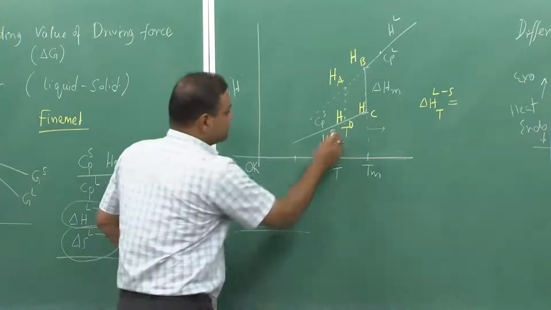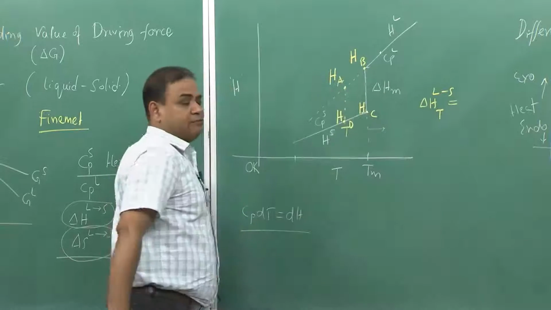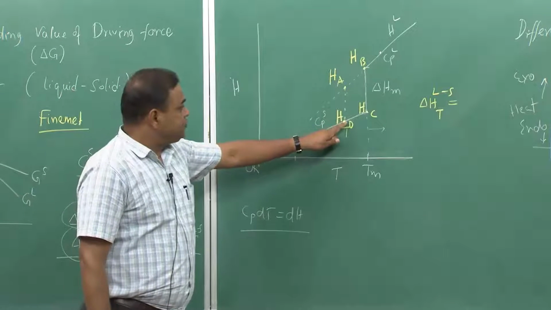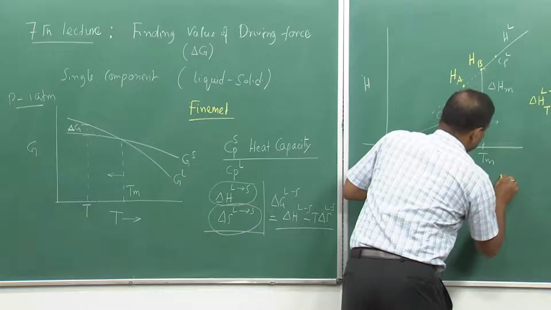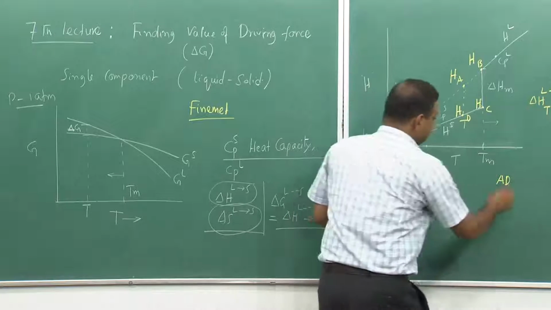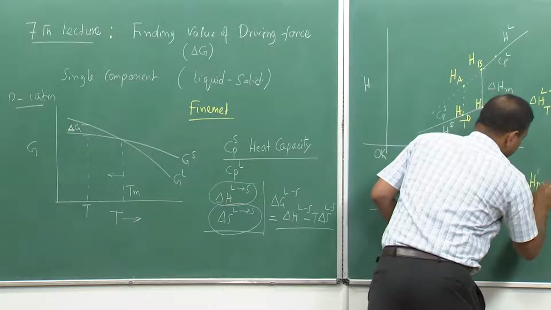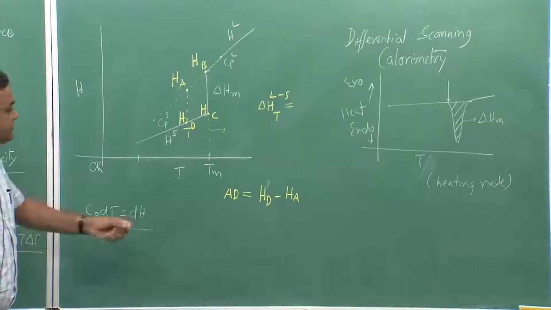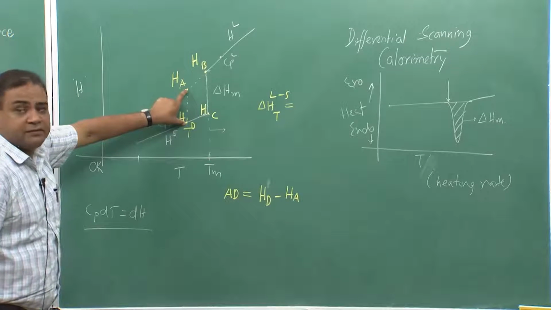So, at those points I have those enthalpy values. Now, I am trying to find out AD, that means I am trying to find out HD minus HA.